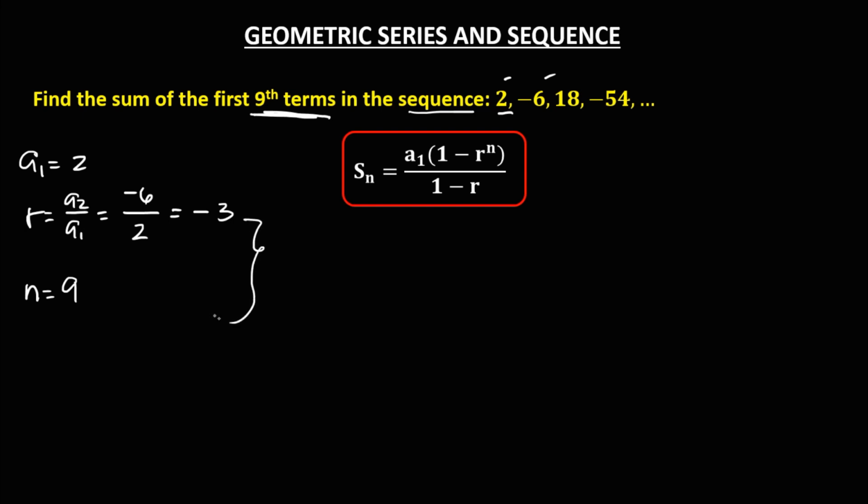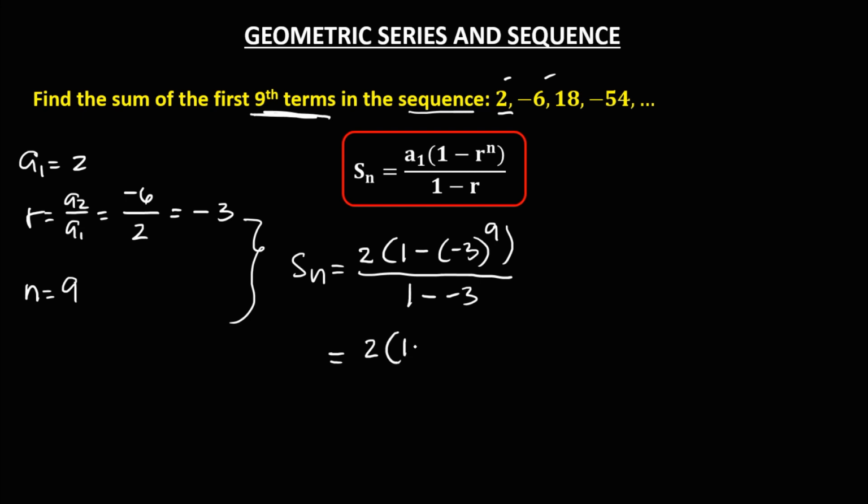So to find the sum of this sequence, we have S sub n equals a sub 1, that's 2, times 1 minus r, that's negative 3 to the power n, where n is 9, over 1 minus negative 3. Then simplify: 2 times 1 minus negative 3 to the power 9.